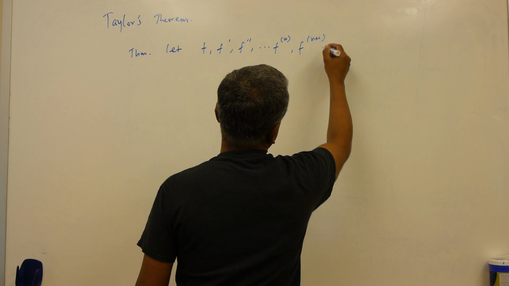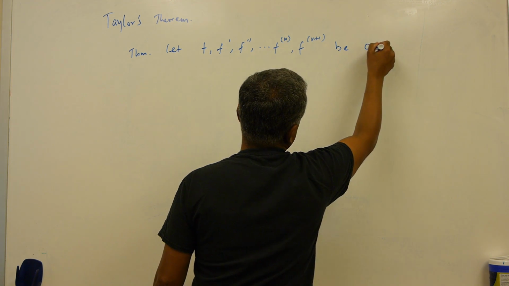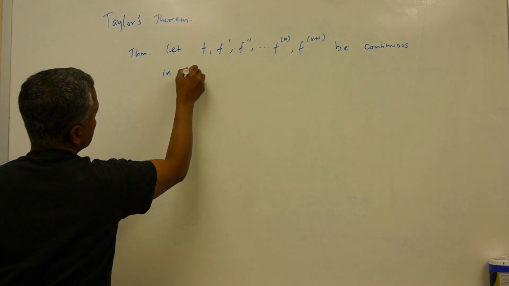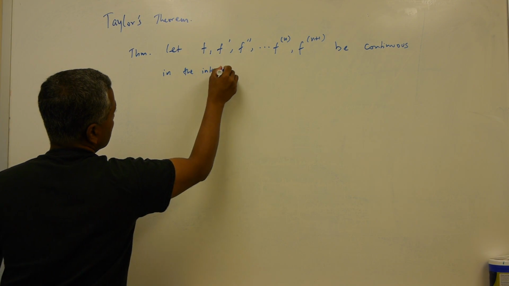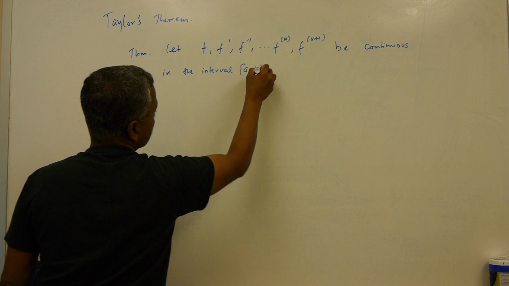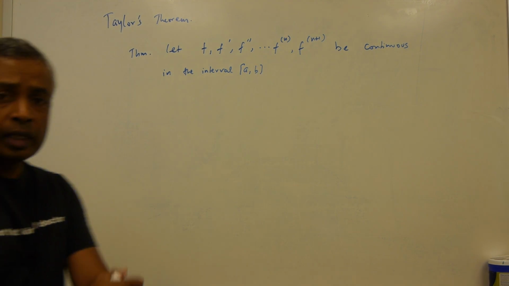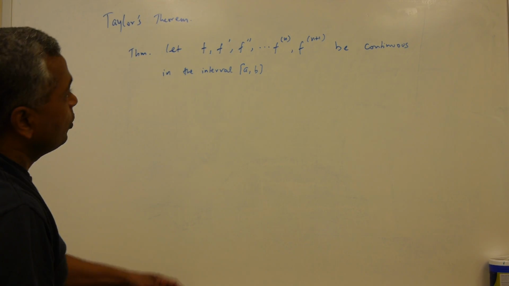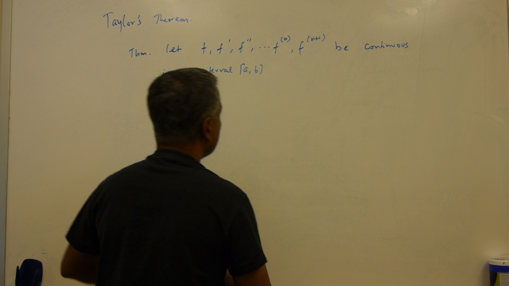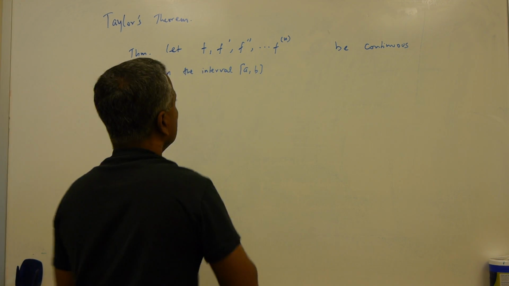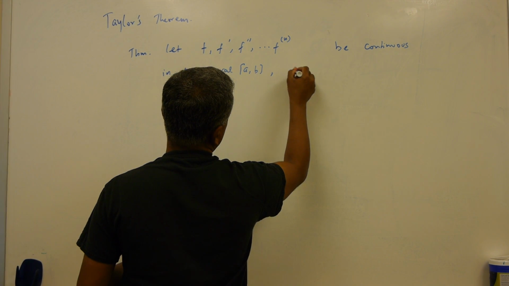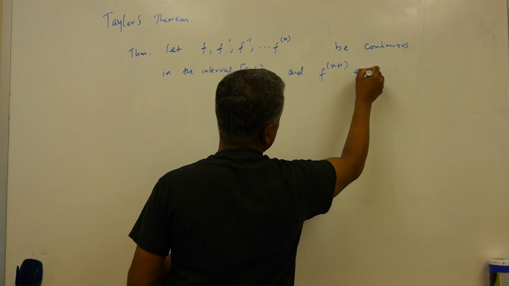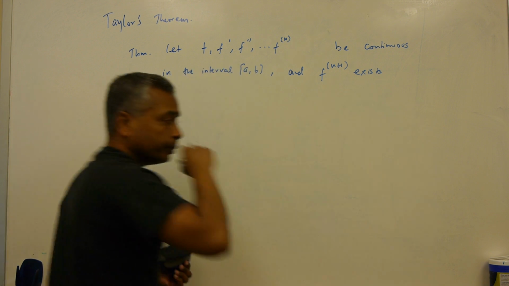Let's say they are all continuous in the interval a, b. We'll also assume, actually we're only going to assume that the first n of them are continuous. And I'm going to assume that the n plus first derivative exists in this interval.